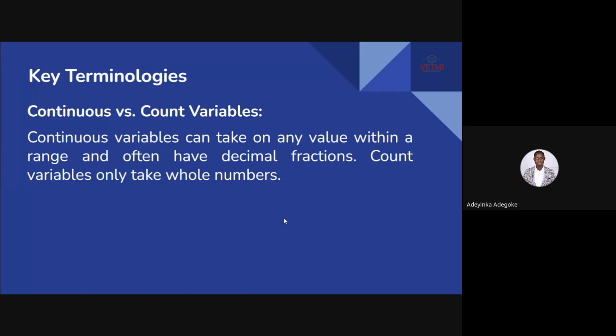Now, a continuous variable is a variable that is in form of numbers, such that between one value of the variable and another value of the variable, there can always be a middle value. It can take up decimals, it can also be in the form of fractions.